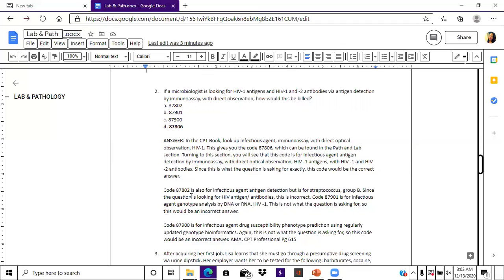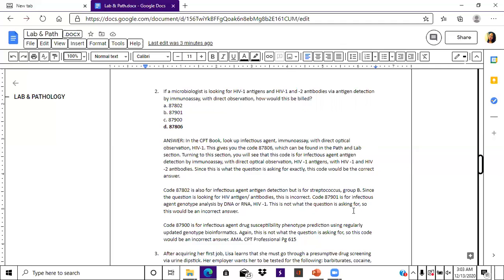I'm also going to give you the reasons why these other options are not the answer. Code 87802 is also for infectious agent antigen detection, but it's for strep, group B. Since the question is looking for HIV antigen and antibodies, this is incorrect. 87901 is for infectious agent genotype analysis by DNA or RNA, HIV-1.